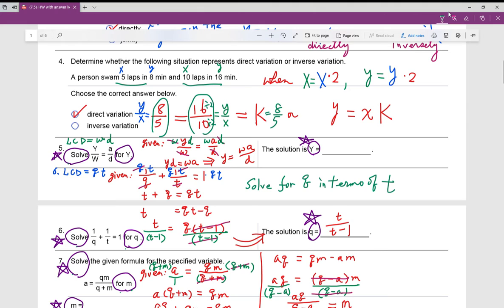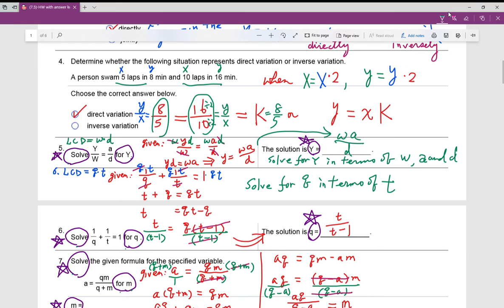And the number 5, you say solve for y in terms of w, a, and d. If w, a, and d are real numbers, then you don't need to say that, right? So formally, I'm supposed to say solve for y in terms of w, a, and d. But right now we simply say solve for y, and you understand. On the answer, you have w, a, and d, right?